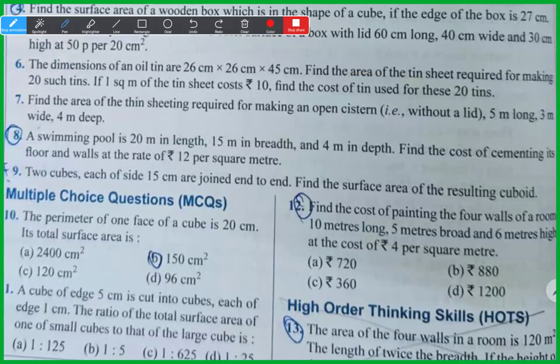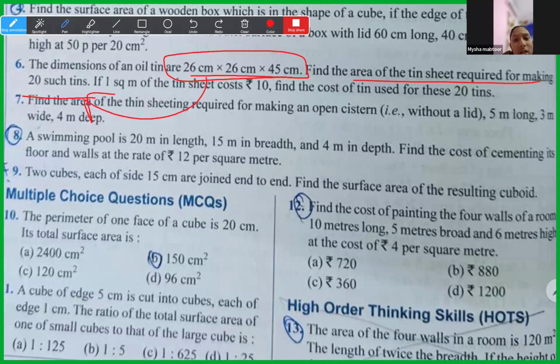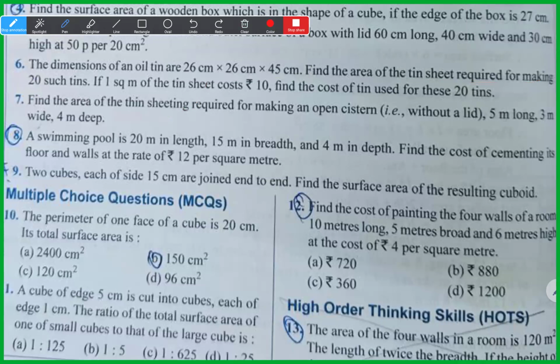So for that, first the area of tin sheet required for one oil tin is nothing but the TSA of it, and for 20 such tins it will be into 20. LBH is 26, 26, 45, right? Yes, Maisha. L is 26 centimeters, B is 26 centimeters, height is 45 centimeters. Why are we finding TSA?